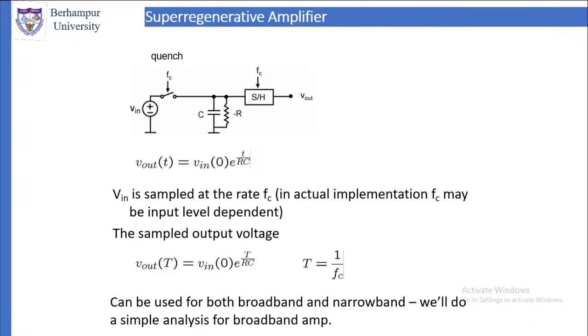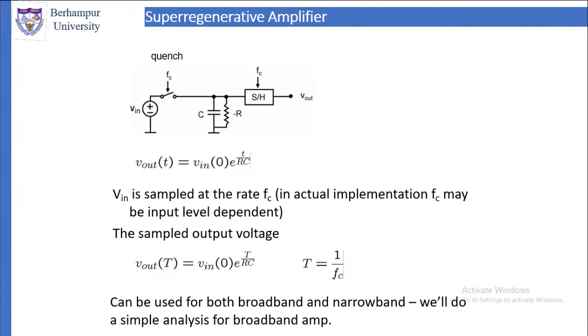The switch is connected to an RC circuit. So C, then R is a negative resistance. We have seen the negative resistance. Then it goes to Fc, S/H. Then we get the V output.